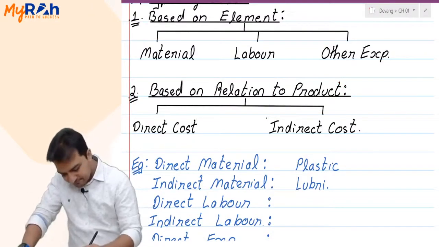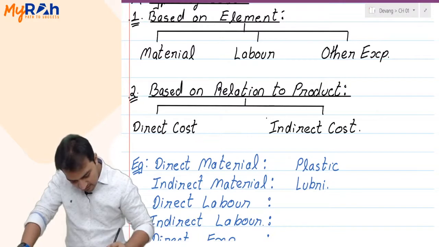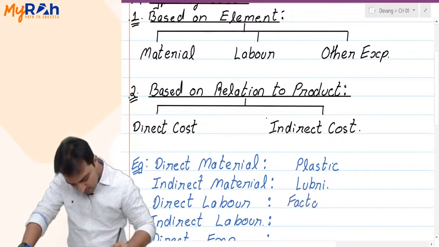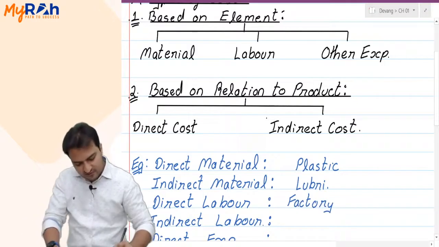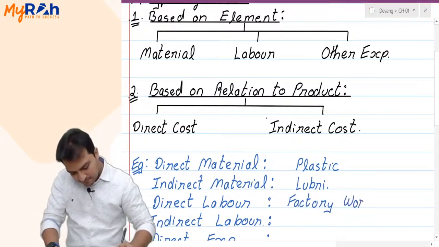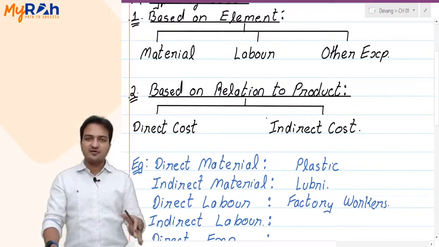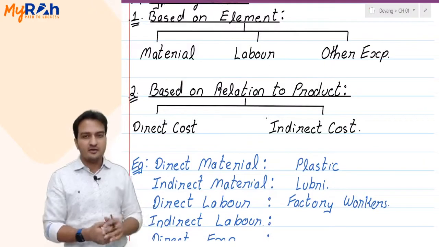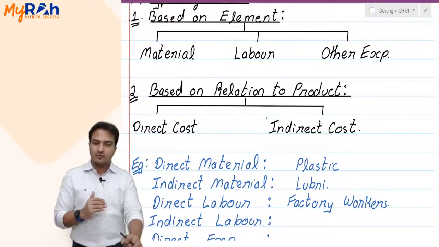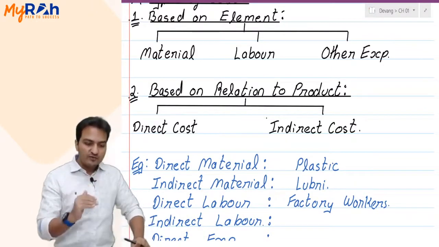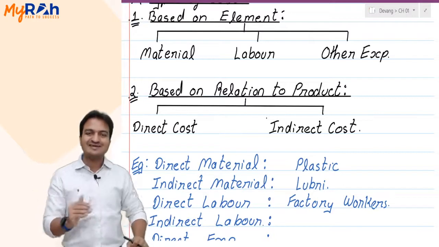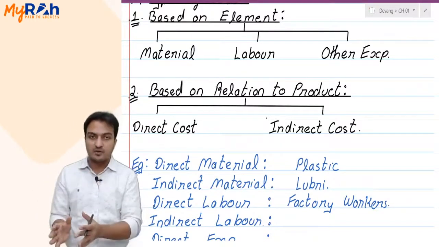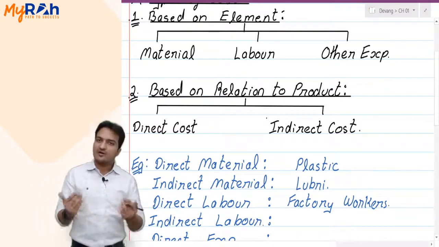Example, say for direct labor, I'll write the example as my factory workers, the workers who are working in the factory. That will become my direct labor. While indirect labor will be whom? Indirect labor will be those who are not directly associated with making the product, but they are still required in my company.